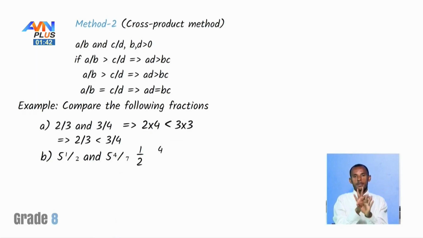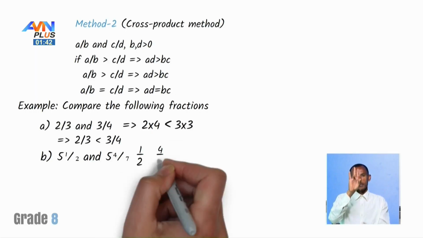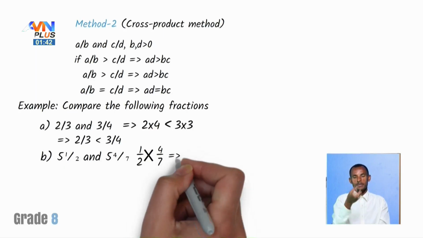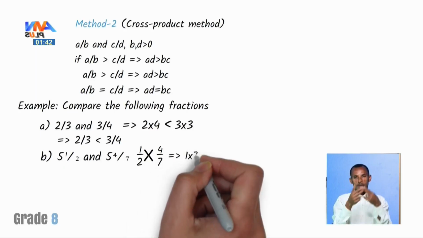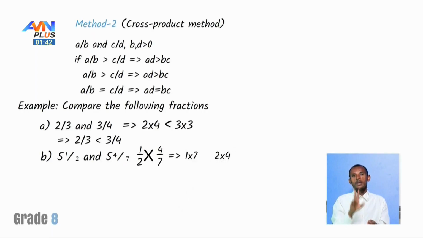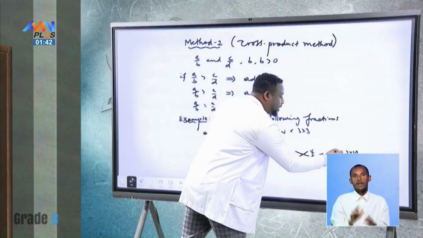So we multiply 1 with 7 and 2 with 4. Taking the cross product gives us 1 times 7 and 2 times 4. Since 1 times 7 is 7 and 2 times 4 is 8, clearly this is less.